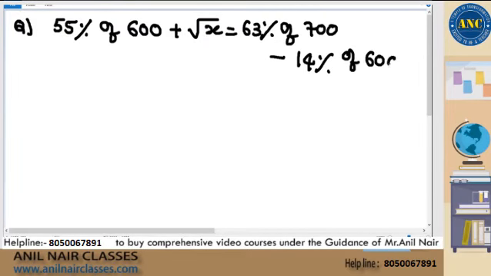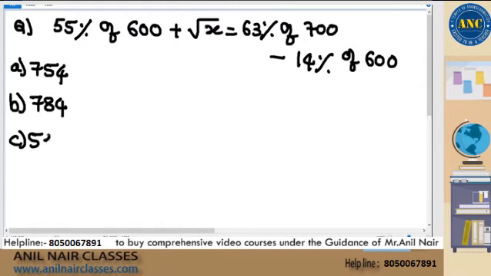By the end of the class you will get which logic to use. Write down options. Option is 754, next is 784, next is 584, next is 729, next is 28.